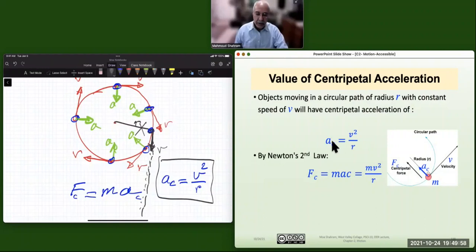The formulas we already mentioned. Centripetal acceleration is v squared over r. And from there, you can basically write down the mass times the acceleration. And the mass times acceleration is mass times v squared over r.